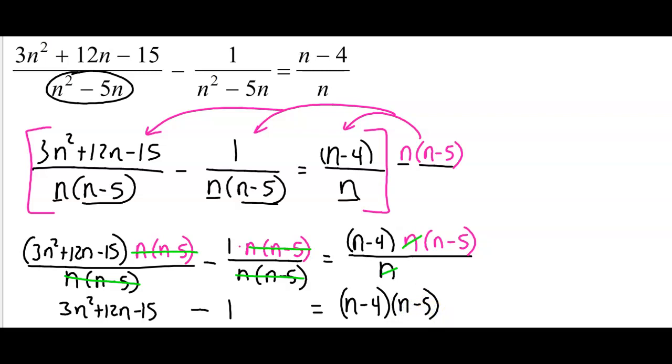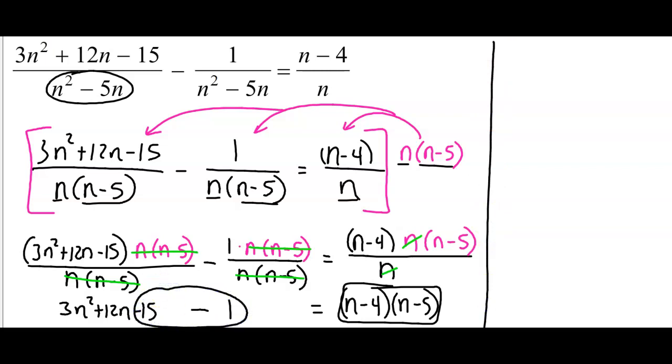Okay, so our next step now is to start simplifying this. So first of all, this one, we're going to need to multiply those together using the box method. And on this side, we can combine the negative 15 and the negative 1. So on the left side, we have 3n squared plus 12n minus 16. On the right side, though, like I said, we've got to figure out what this is using the box method.